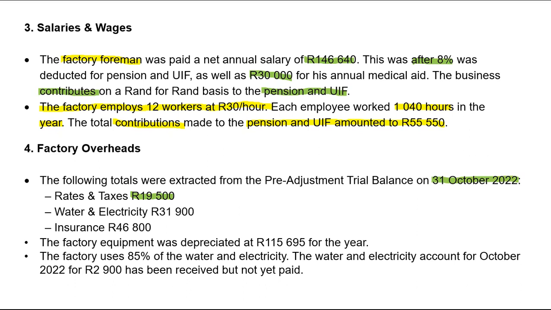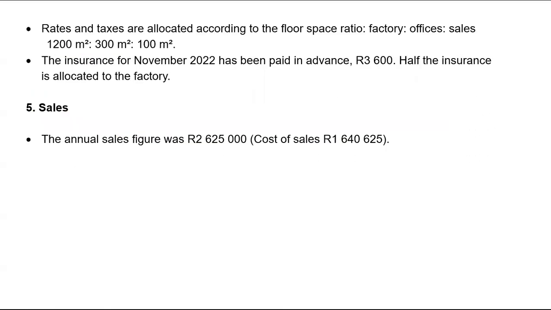Got it. Rates and taxes, I don't see any adjustment about rates and taxes. Remember, you adjust and then you assign. Adjust before you assign. So I am only given my factory space. I'm going to add all of these up to get my total factory space, which will give me 1,600. But I only want the one that belongs to the factory, which is this 1,200.